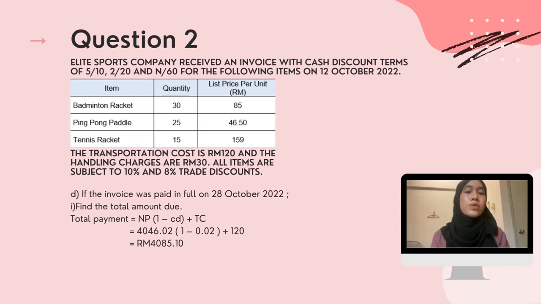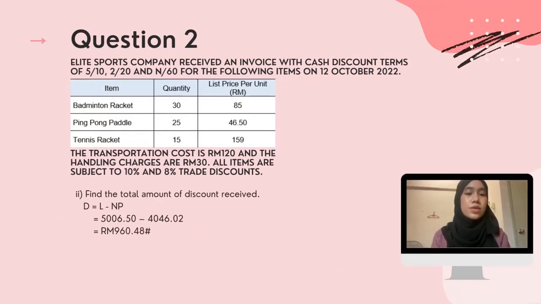To solve this question, we use the total payment formula equal to net price, bracket 1 minus cash discount, plus transportation cost. After that, we just need to substitute the information that we have and calculate. The answer is 14,085 ringgit 10 cents.